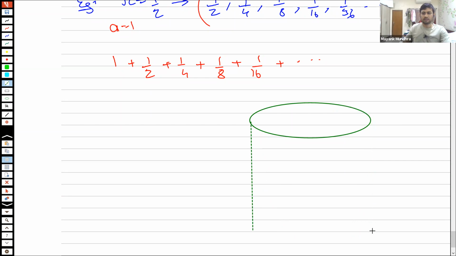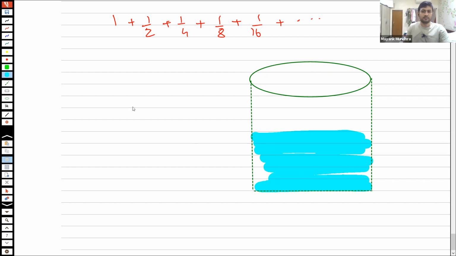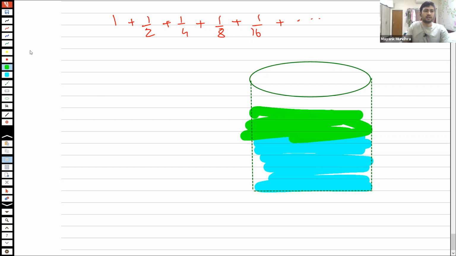Anyway, so there's this bucket. So what you do is every time you fill half the bucket. So you start with an empty bucket, you fill half of it. Then you again fill half of it. Then you again fill half of it.